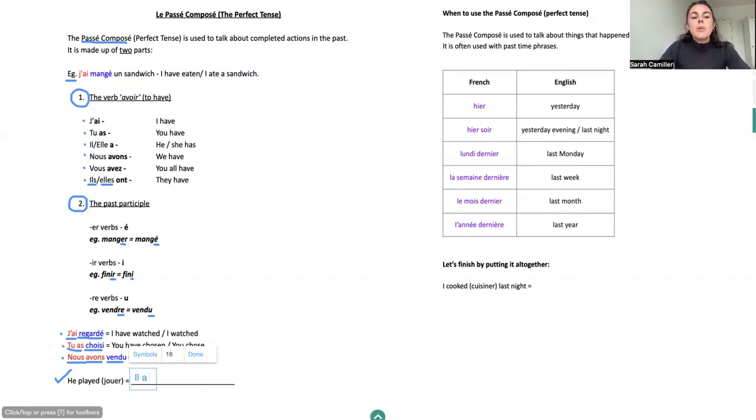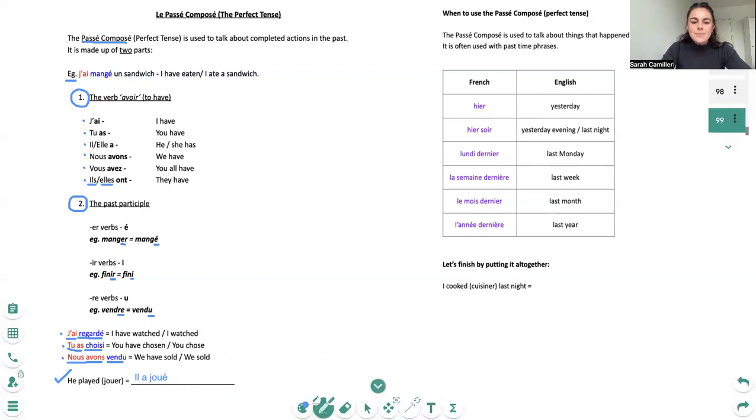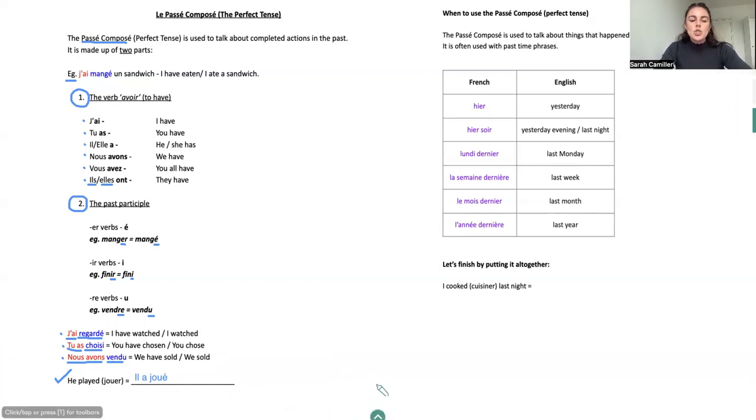So following suit from above, like manger, we need to remove the ER and we're going to add the E accent. So that's going to change to joué. So in full, the verb here is il a joué, he played. And again, you have the first part, avoir, second part, past participle.